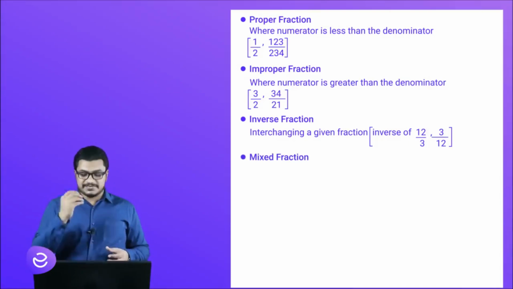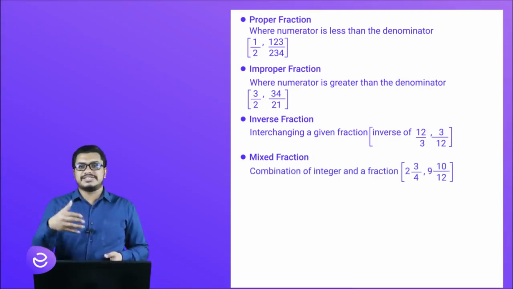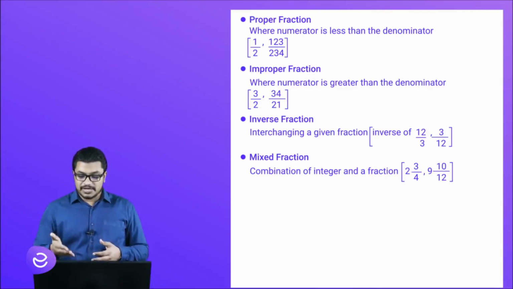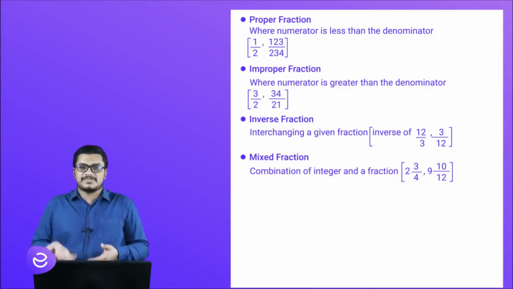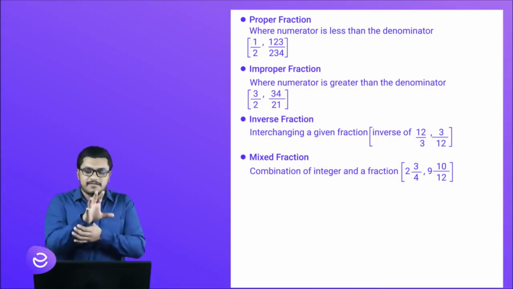Then you have a mixed fraction, which is a combination of an integer and a fraction, like 2 3 by 4, 7 5 by 2, 11 2 by 3, or 9 10 by 12. It is a combination of a whole number with a fraction.